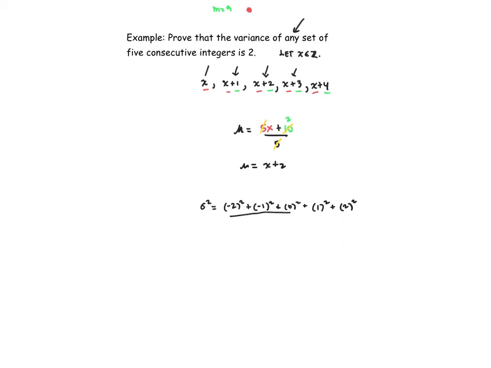And I'm going to divide, of course, if this is a population, which I'm going to assume since it doesn't tell me otherwise, by the number of data points. So sigma squared is going to equal 4 plus 1 plus 1 plus 4, which is 10, divided by 5, and thus the variance of any set of 5 consecutive integers is 2.